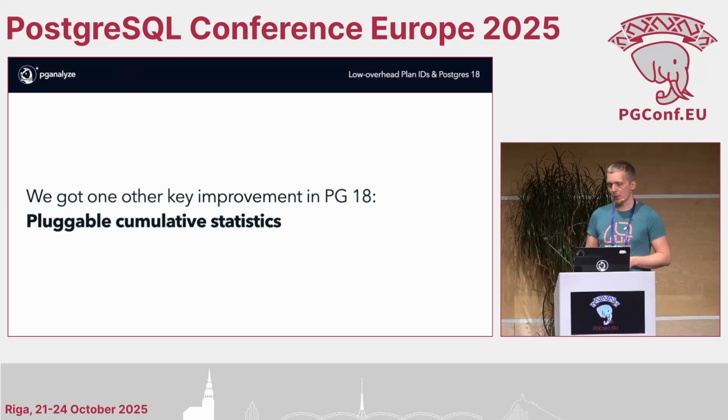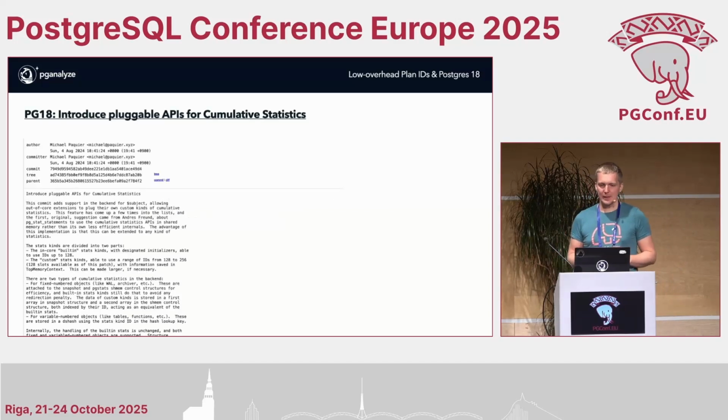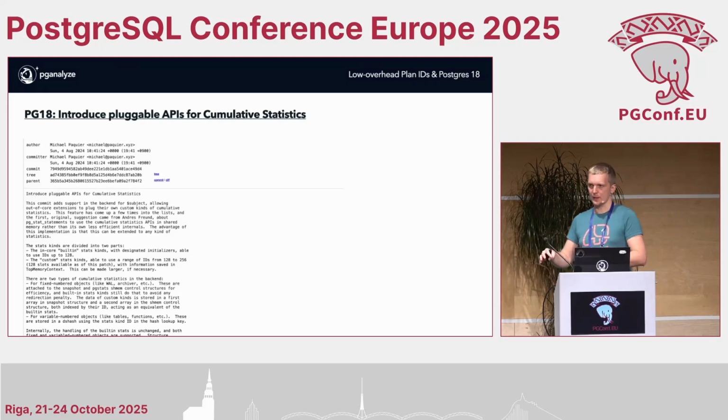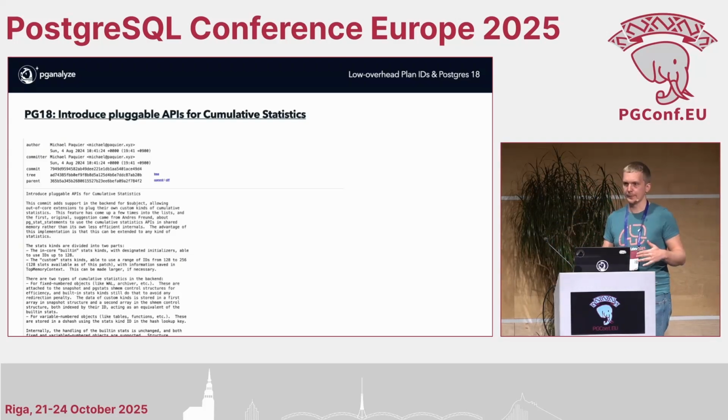There's one other thing that Postgres 18 added, which is, I think, really exciting, also quite complicated, so I won't get into the details of it right now. Basically, this is a commit that Michael Paquier and some other folks worked on around introducing a pluggable API for cumulative statistics, right? Postgres has this shared memory cumulative stats system that tracks pg_stat_user_tables and some other things. The idea is that we can use that same stats system for extensions.